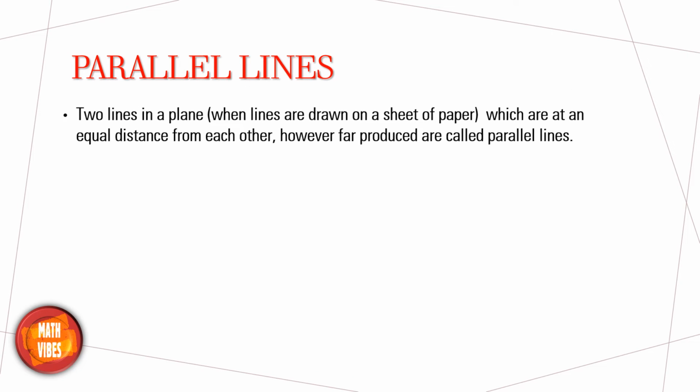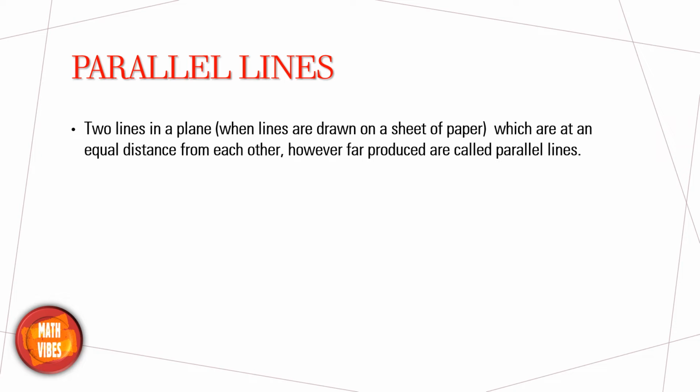Alright. So let us now look at parallel lines. What are parallel lines? Parallel lines are two lines in a plane. You must be wondering what is a plane. Roughly, if you want to understand, when lines are drawn on a sheet of paper, that sheet of paper is like a plane which has two dimensions, length and breadth.